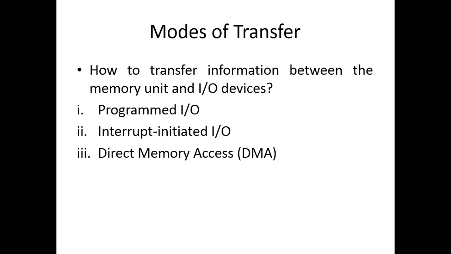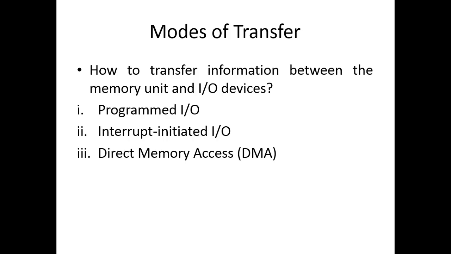The next topic is modes of transfer. So far we have seen that the communication is needed between the CPU and the attached peripheral devices. But ultimately, the peripheral devices need to communicate with the memory unit.